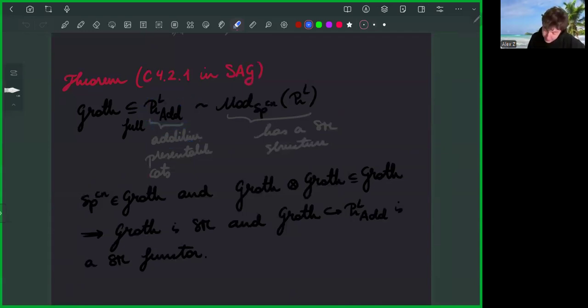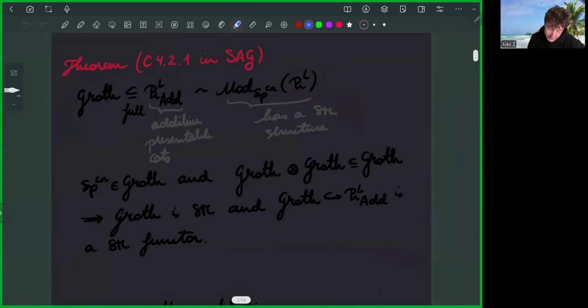So the category of those, and let me remind you that this is equivalent to the category of modules over Sp^cn, so connective modules in PrL. This is because this thing here is something that is called a mode, so it's a classifier. So this is why you can write this as modules over Sp^cn in PrL.